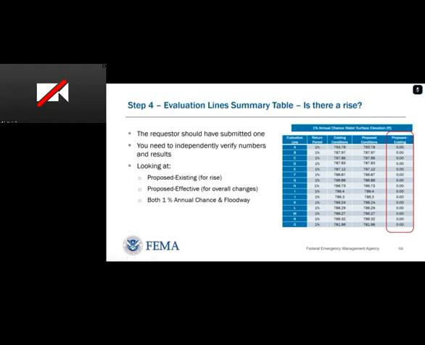As mentioned, and I think in some of the Q&A, we will be looking at this to 2 decimals, and we want to make sure that every evaluation line that they're submitting ideally is 0.00.